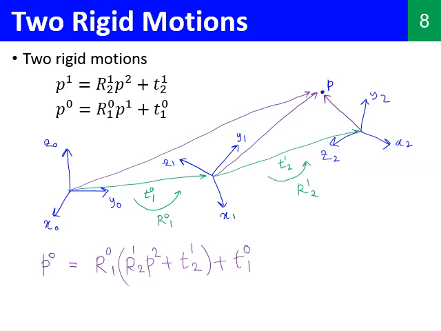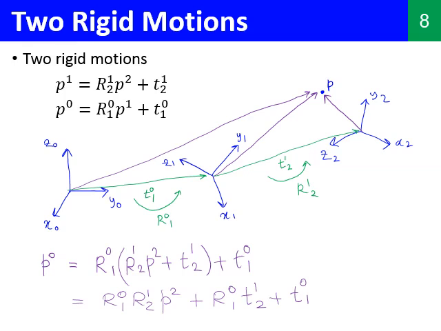So this would give me R01 R12 P2 plus R01 T12 plus T0.